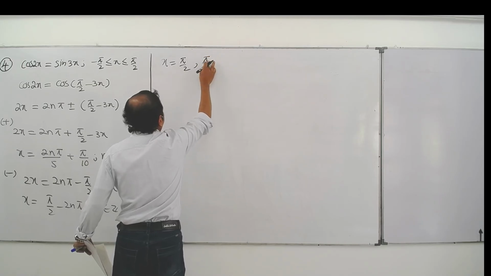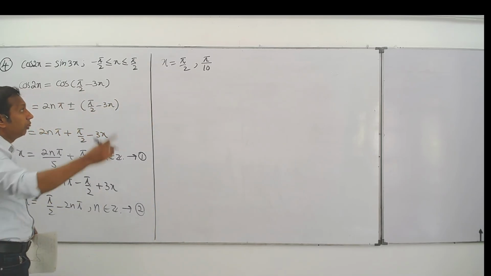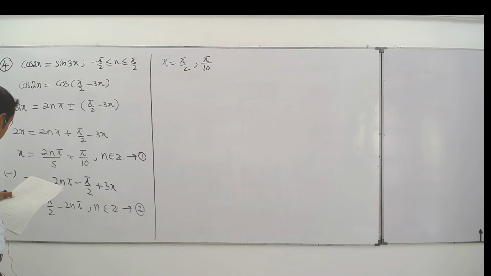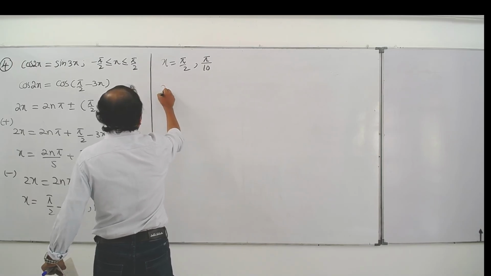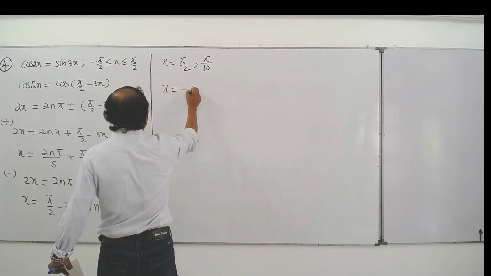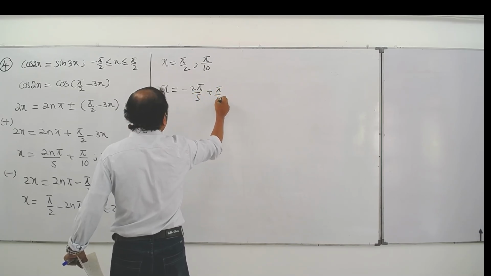Right? Pi by 10 is 18 degrees. That is also in the interval minus 90 to plus 90, no? When you put n equals minus 1 here, we get x equals minus 2 pi by 5 plus pi by 10.